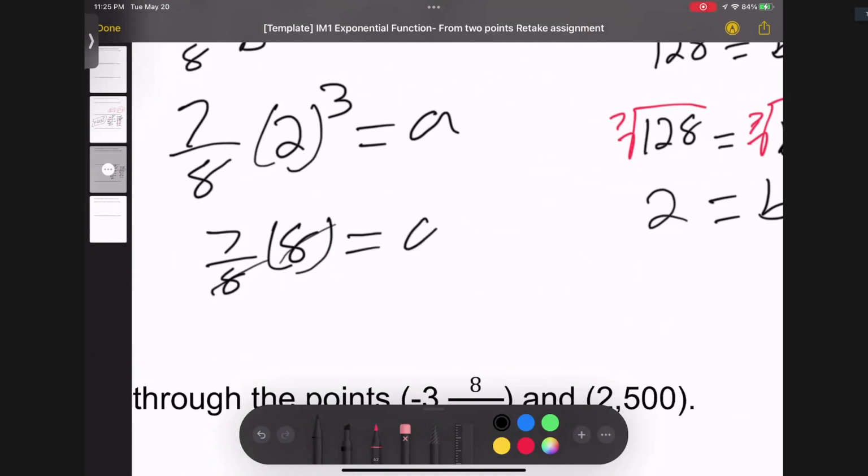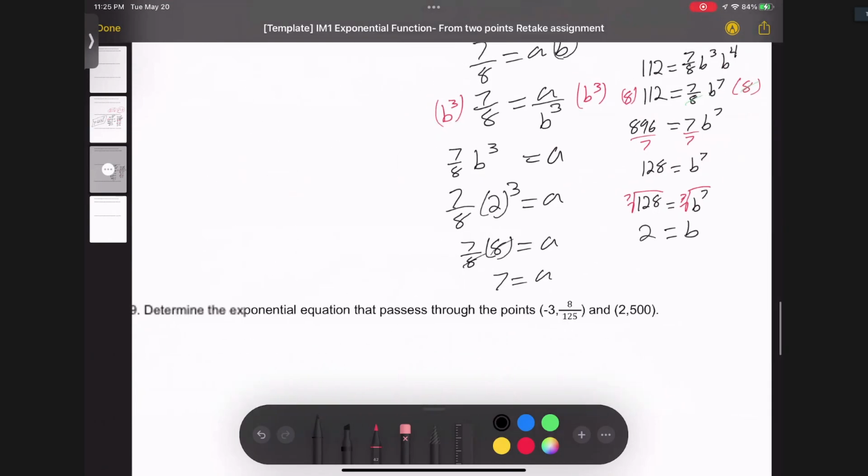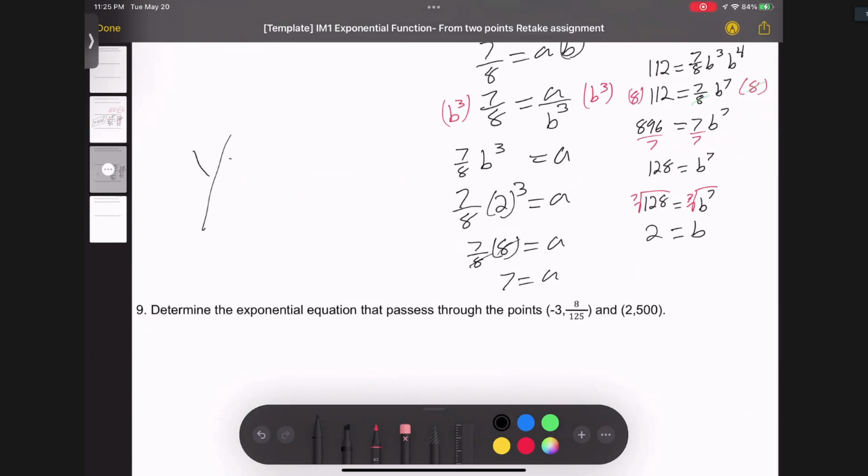Just 1. This gives me 7 to be a. So that means my equation, did I say question or equation? I don't know. I'm tired. Okay, so this is going to be y is equal to 7 times 2 to the power of x.